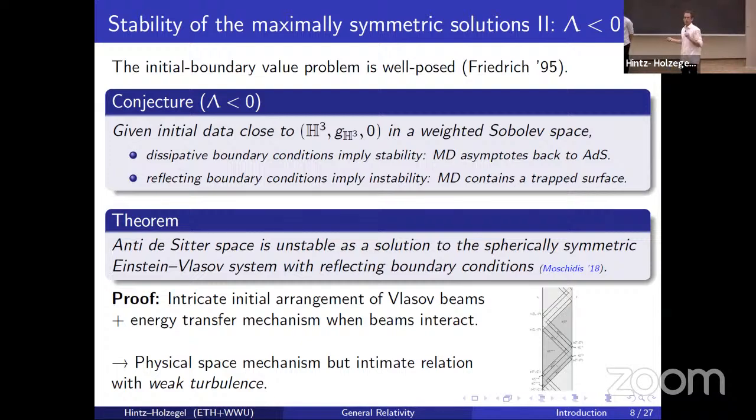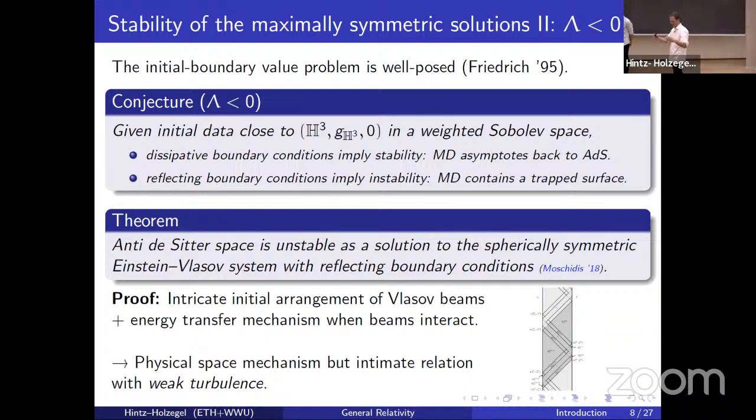And this is actually open, so we still don't understand the stability or instability, and it's expected, as I put in this conjecture, that this will depend very much on the boundary condition that you impose. If you impose dissipative boundary conditions, then energy can leave the spacetime, and you expect that the maximal development asymptotes back to AdS.